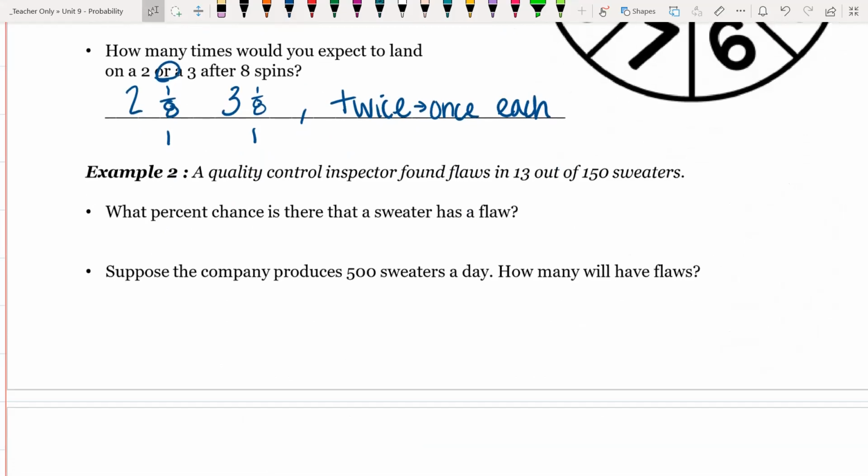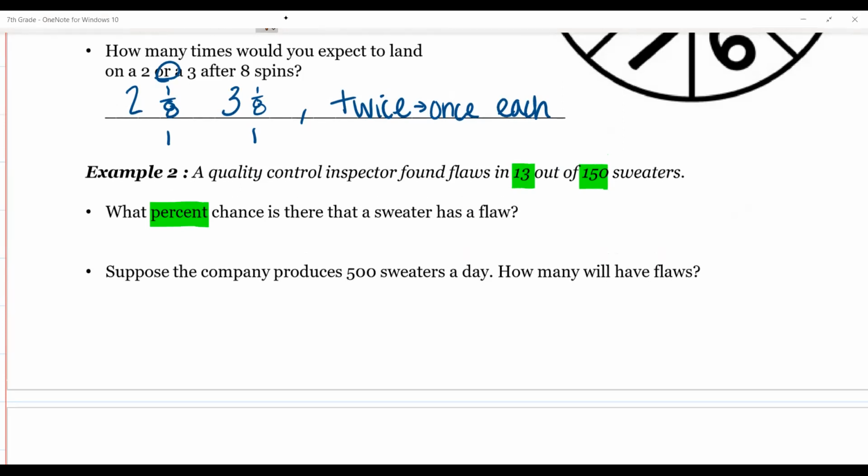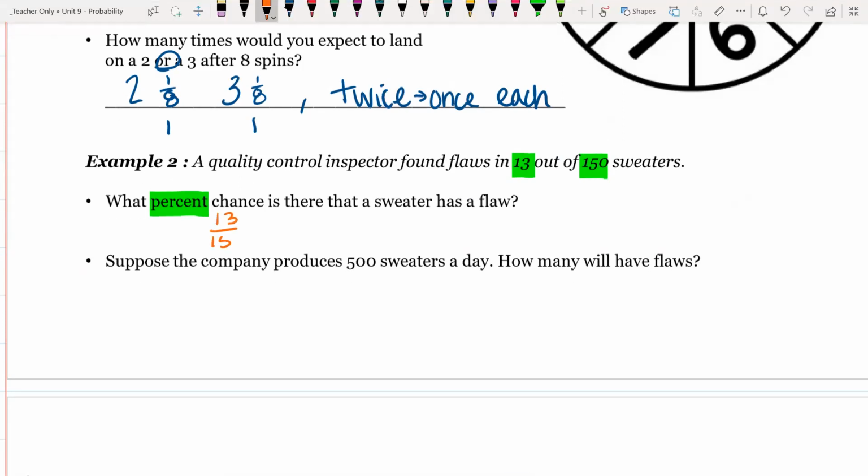This says a quality control inspector found flaws in 13 out of 150 sweaters. What percent chance is there that a sweater has a flaw? Well, they gave us 13 out of 150, but this says a percent. So I want to take this fraction and turn it into a decimal.